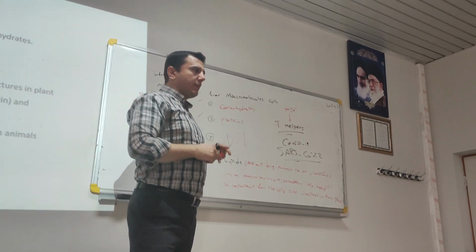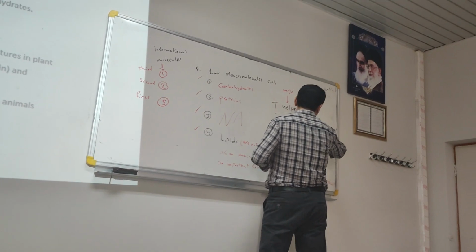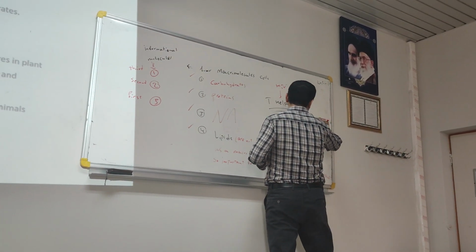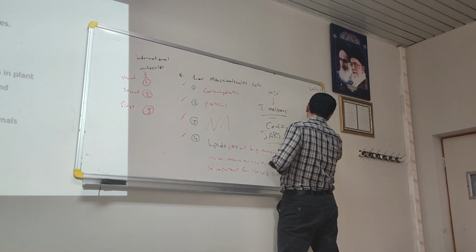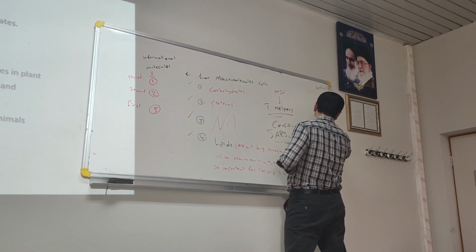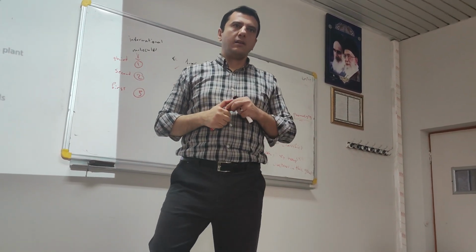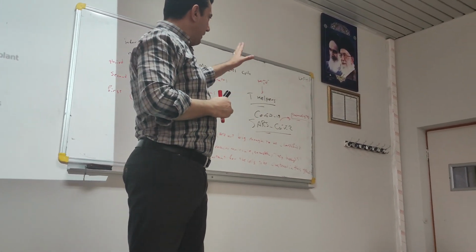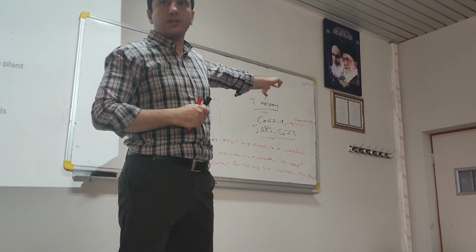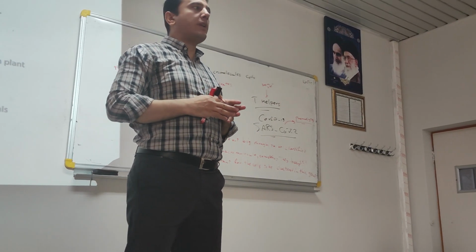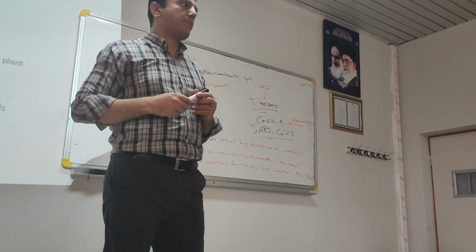This virus can only enter pneumocytes in our lung. Why can SARS-CoV-2 only enter such cells and not enter other cells of our body?